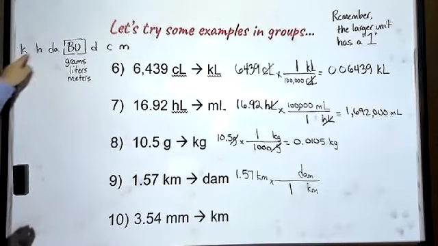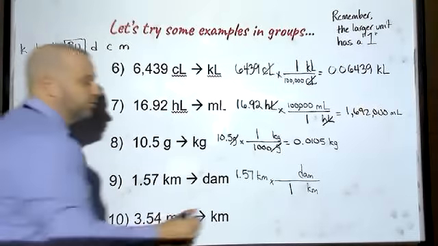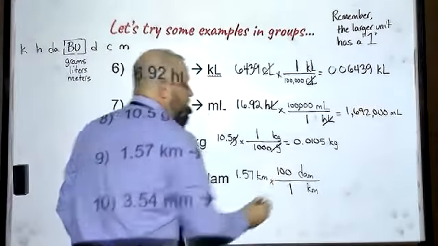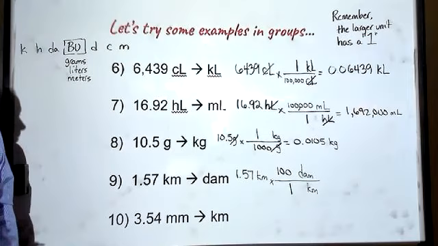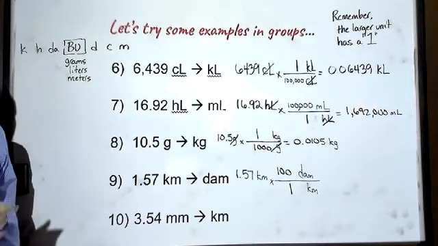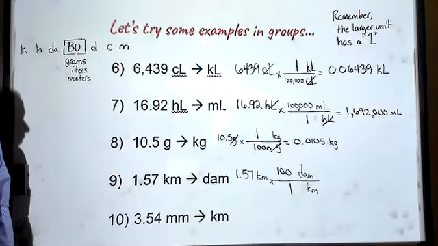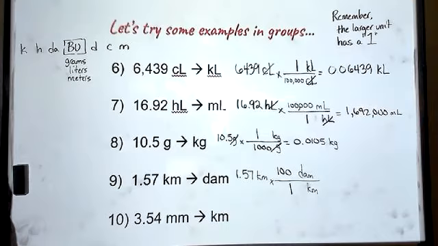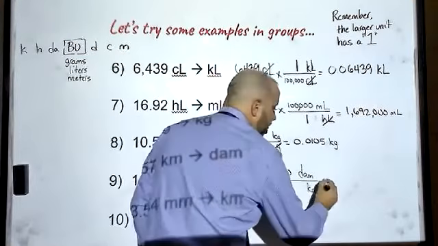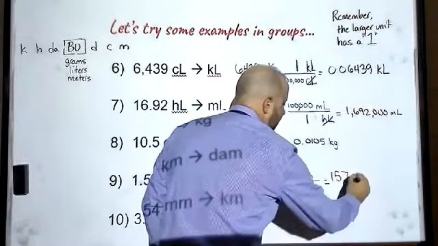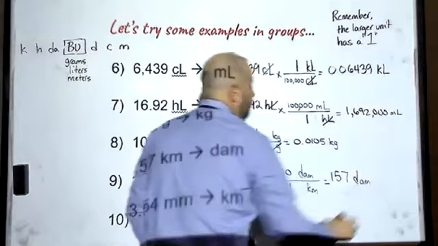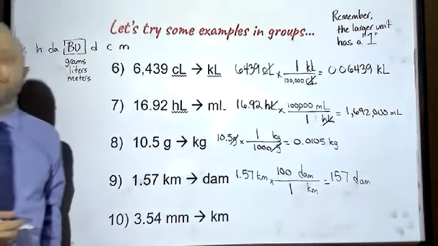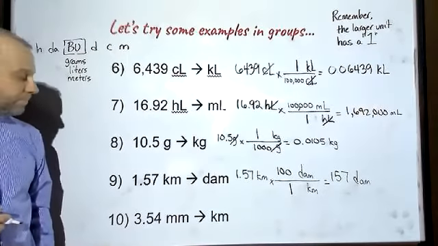When we're going from kilometers to decameters, we move 1, 2 spots. So we're going to use the number 100, a 1 with 2 zeros. So 1.57 times 100. So that ends up being 157 decameters.